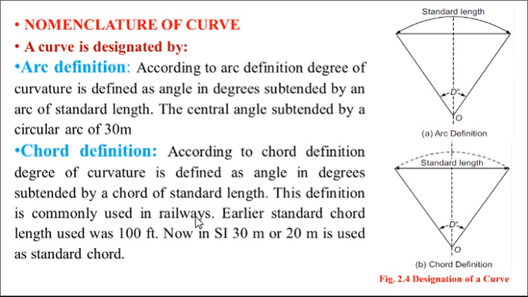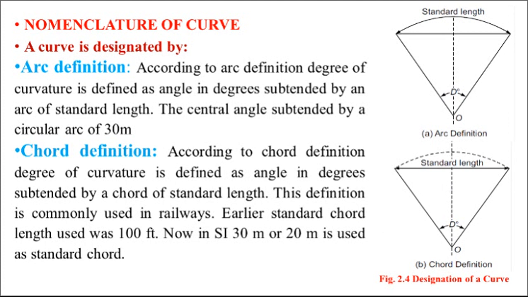Earlier, the standard chord length was 100 feet, but now, as we are using SI units, a chord length of 30 meter or 20 meter is used as a standard chord. So here this is the standard chord and this length may be taken as 20 meter or 30 meter, and the curve subtended by this standard length is the designation of the curve by chord definition.